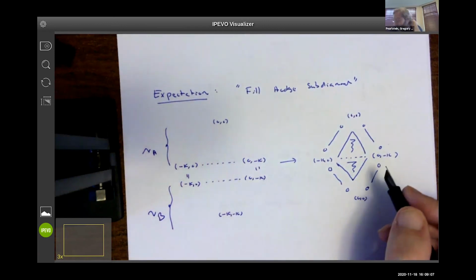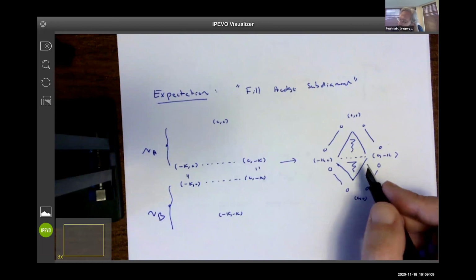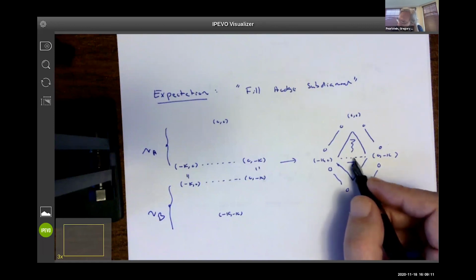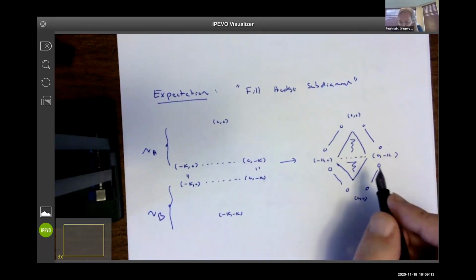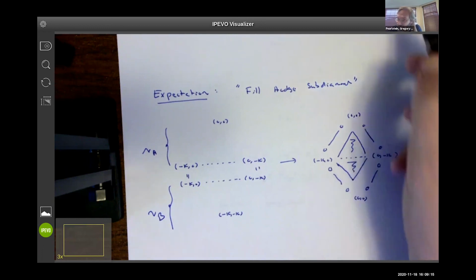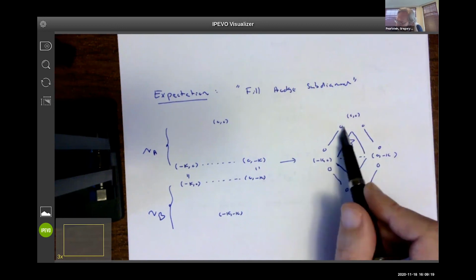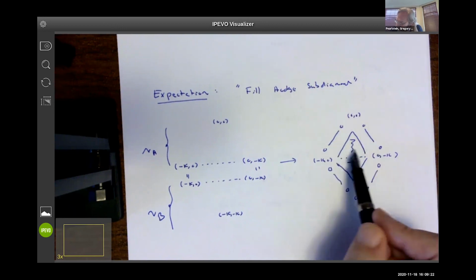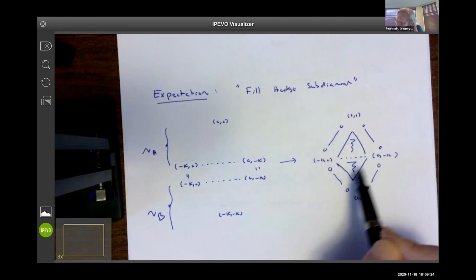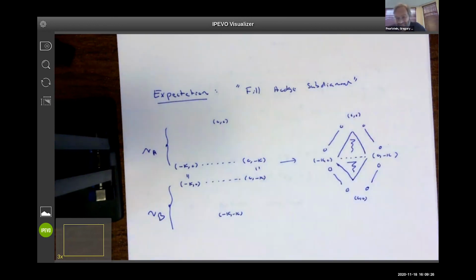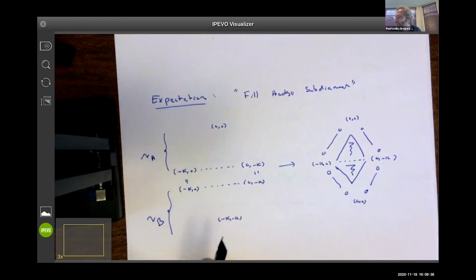But our condition on m plus n being equal to 2, that was what was giving us just points, right? In general, this outermost part right here will be 0, but otherwise we're just going to get whatever can fit in the rest of the Hodge subdiamond. So that's what we expect the general picture to be.